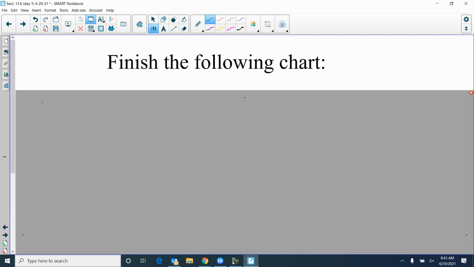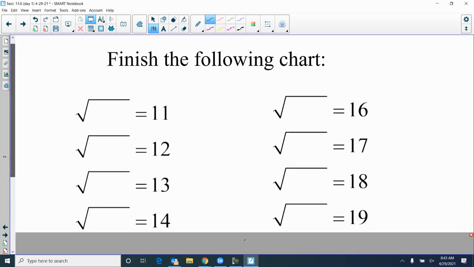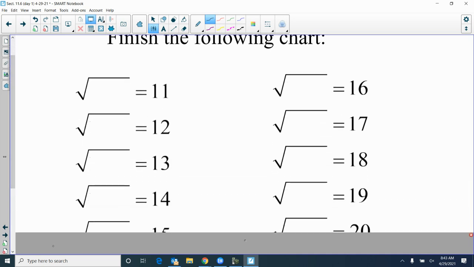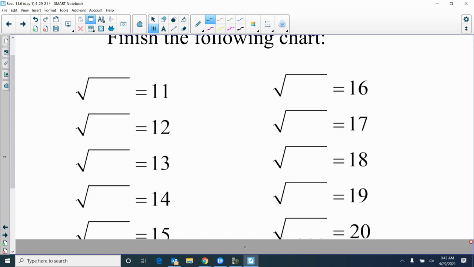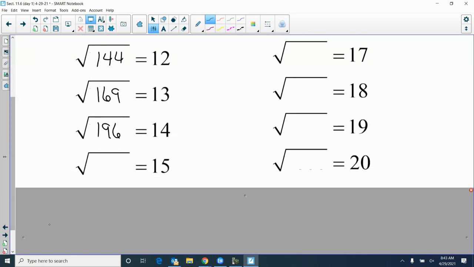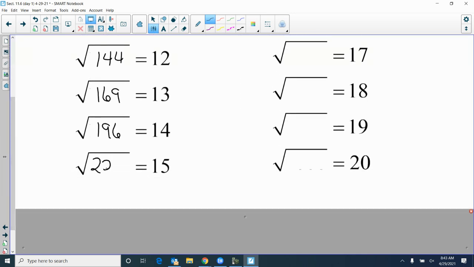All right, now let's see what we get here. What is 11 squared? Jordan? 121. Somebody tell me, what's 12 squared? 13? 169. 14, we had that one before. 196. 225.